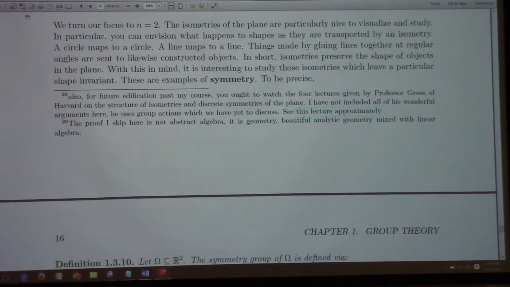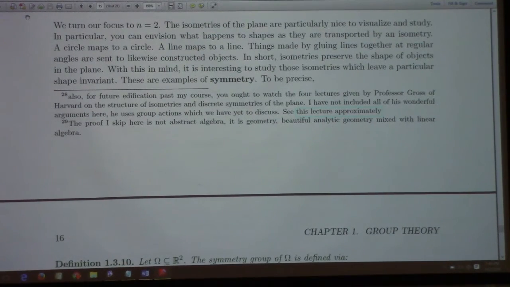A circle maps to a circle, a line maps to a line, angles between lines are preserved. So if you think about what that does to shapes, how do you make a shape? You take lines and put them together at certain fixed angles. So if you feed a shape to an isometry, it maintains the shape. That's why isometries are sometimes called rigid motions, and they maintain the shape of rigid shapes.